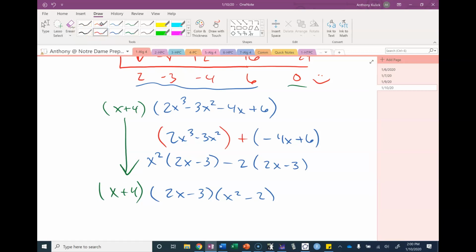Annalise. Okay. What happens if you take out a 2x? So if you're getting to this step and these two are different factors, one of two things has happened.